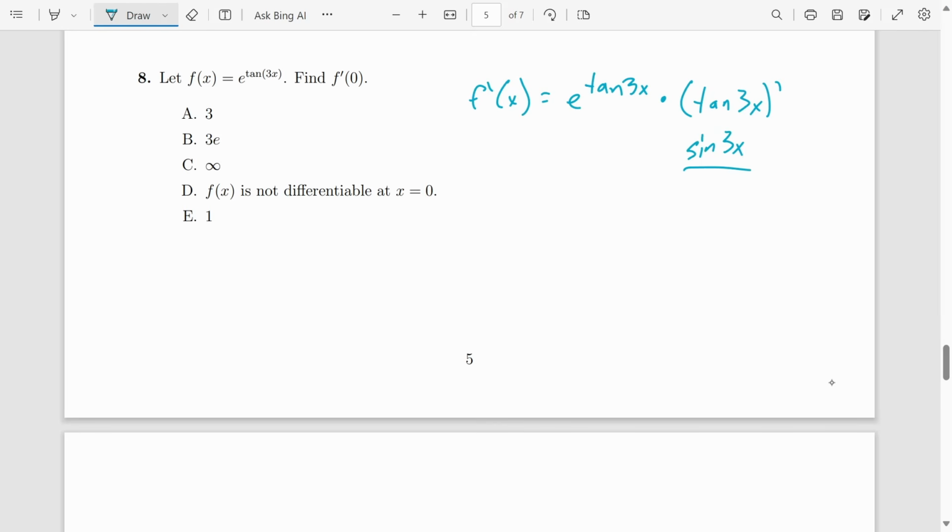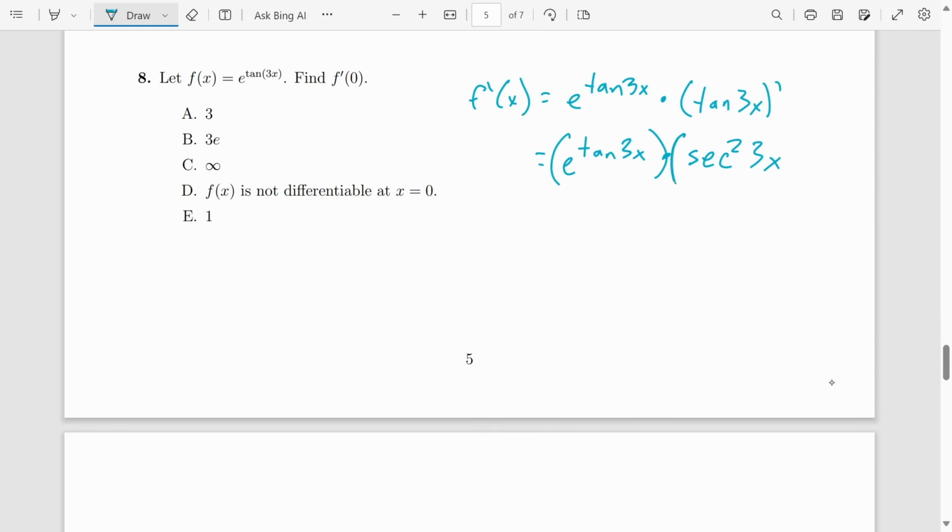So you could rewrite this as sine 3x over cosine 3x, and then do probably the quotient rule after that. But there's an easier way. It's just remembering that taking the derivative of tangent is just going to make it secant squared of the original. So that's an easier way of doing that.